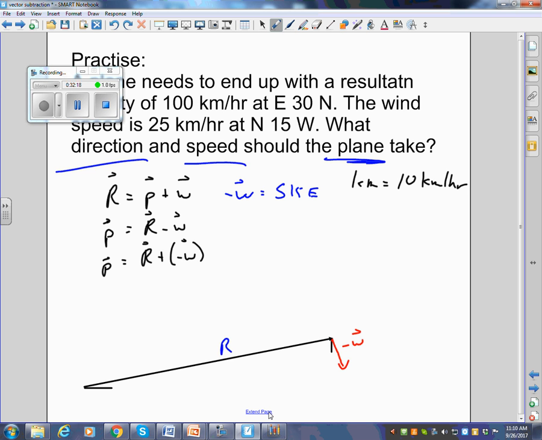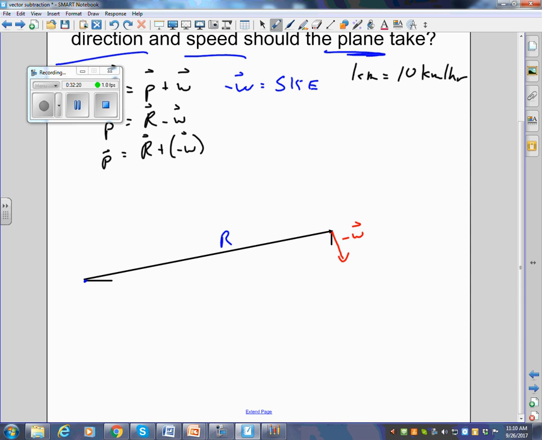So from there to there, that's the plane speed. Is that close to what you had? Yeah? And then how do you find that plane speed? How do you actually find it? You get out your ruler and you measure it, and you get out your protractor and you measure it.